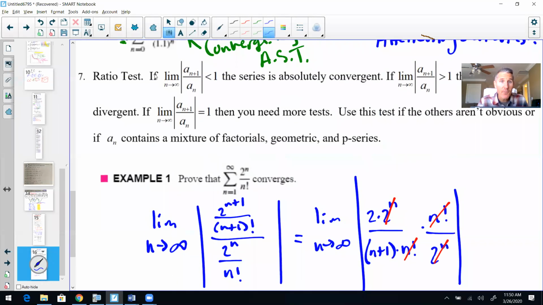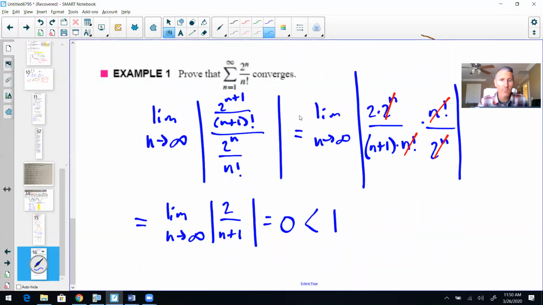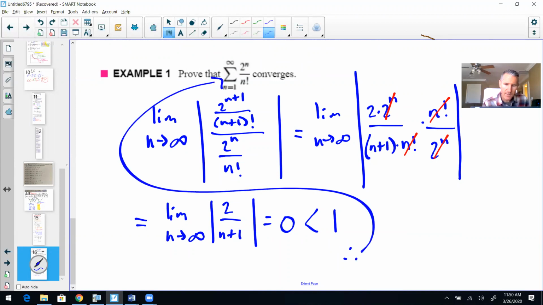Oh yeah, if the limit as n approaches infinity of the absolute value of the n plus first term over the nth term is less than 1, then the series is absolutely convergent, which means that it's also just convergent. So I would say, therefore, this series converges by the ratio test. Okay?